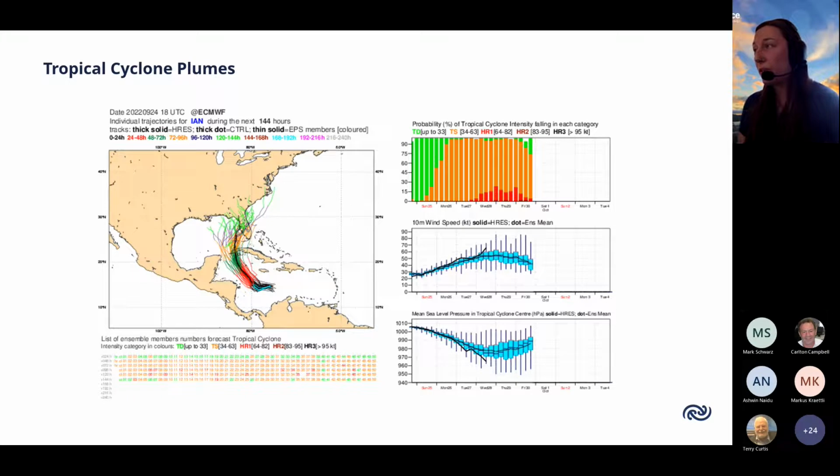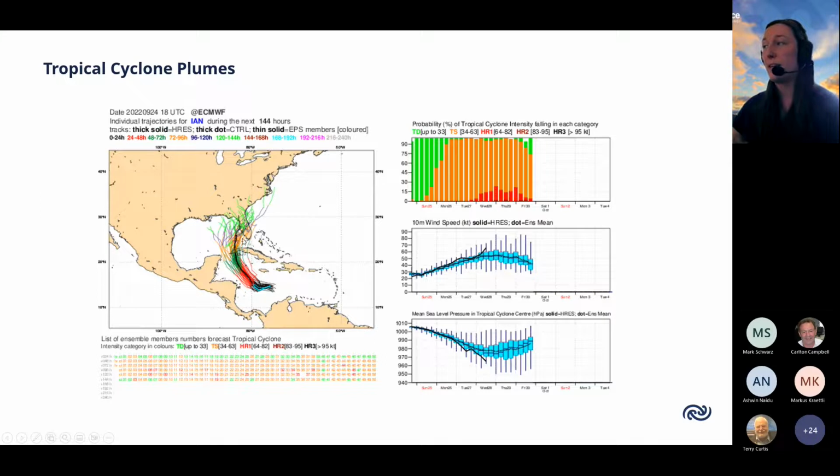One example of ensembles that most people will have seen is your tropical cyclone plots. So this example was actually from Ian, which passed over Florida a few months back and actually caused quite a lot of damage, unfortunately. But we can see each of these lines represents a single member of the ensemble being run at a slightly different state.